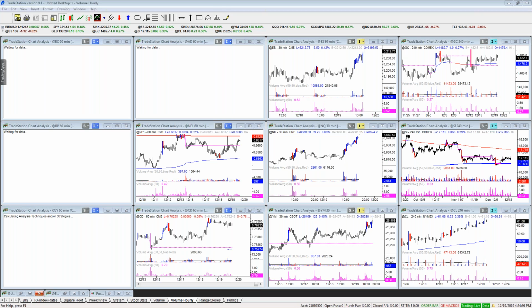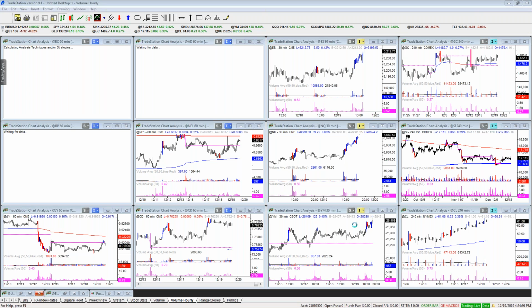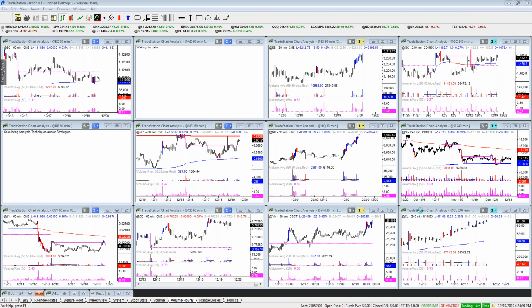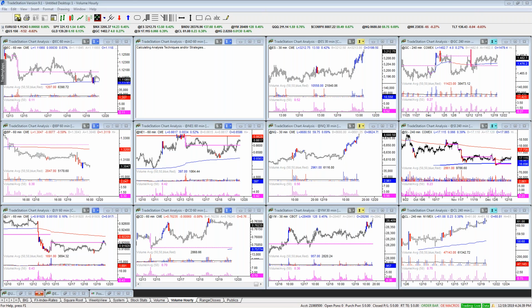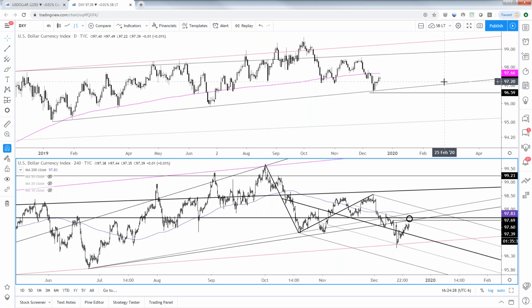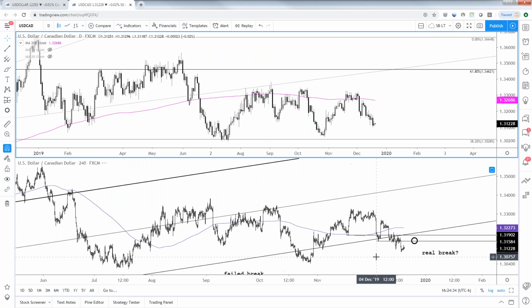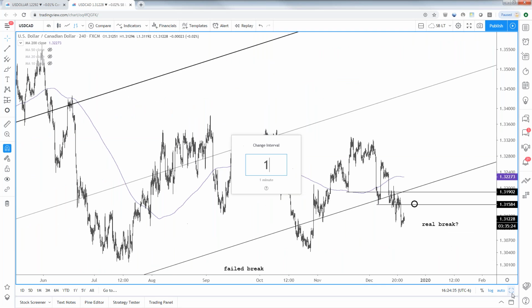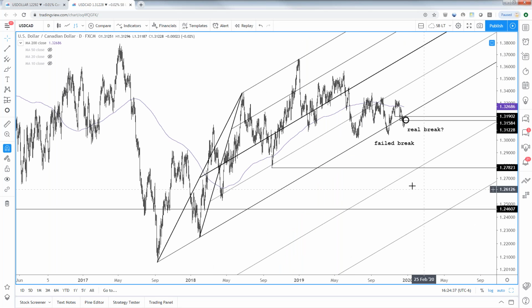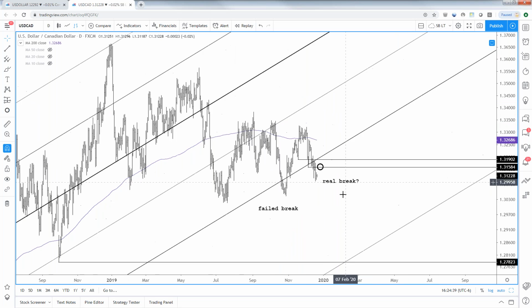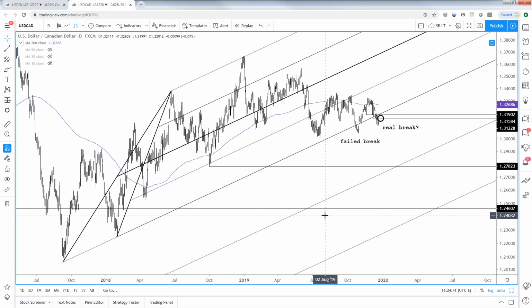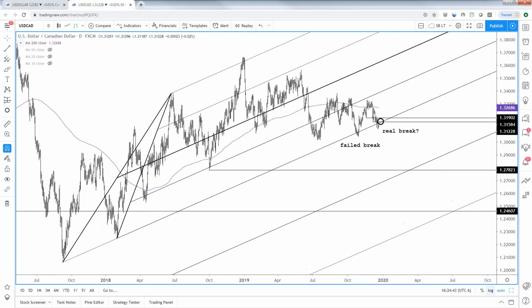Okay, and finally with currencies, dollar CAD is one that we looked at yesterday as well. And yeah, we had the big break here, right? So again, log chart looks like this, where you're looking at 31.60 or so for resistance.